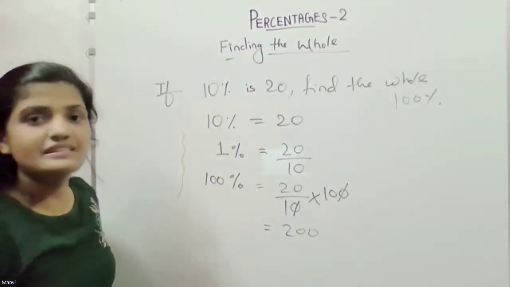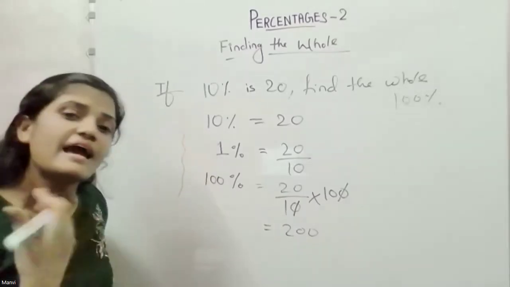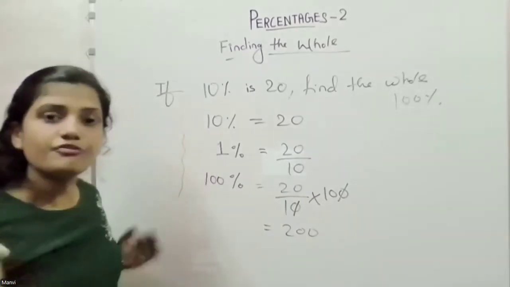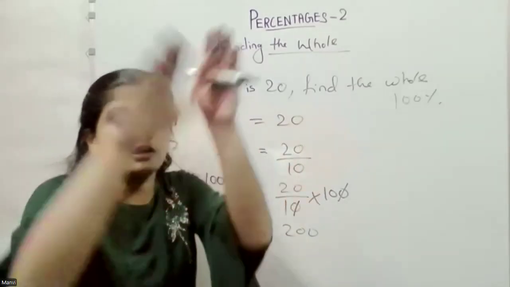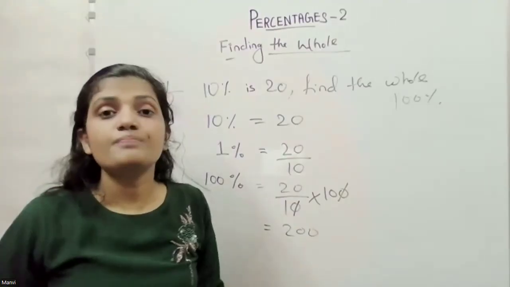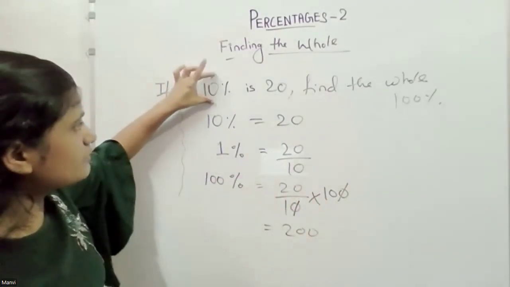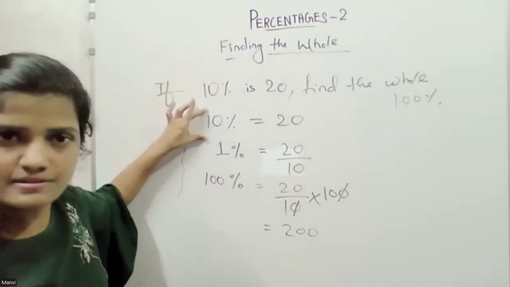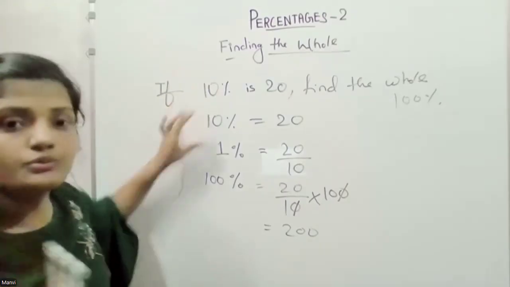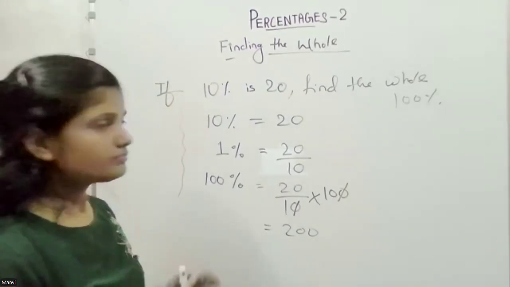This is the way we are solving this step by step. This is the approach for solving any question based on this. If we are given a part as a percentage and asked to find the whole, the steps are: first, write whatever percentage is given, as it is. Step 2, find the value of 1% first.